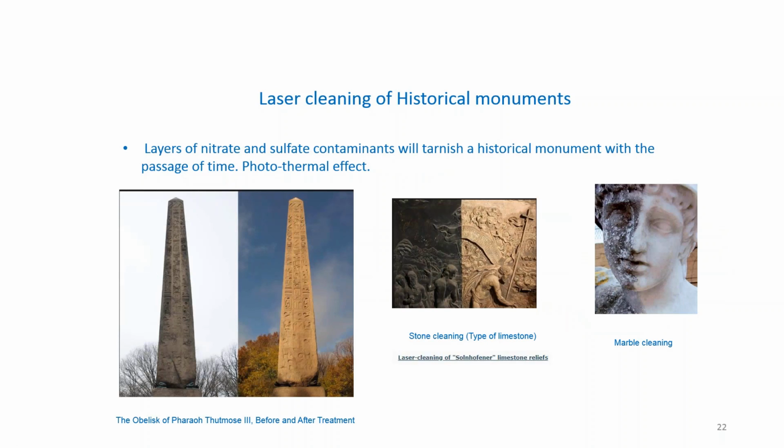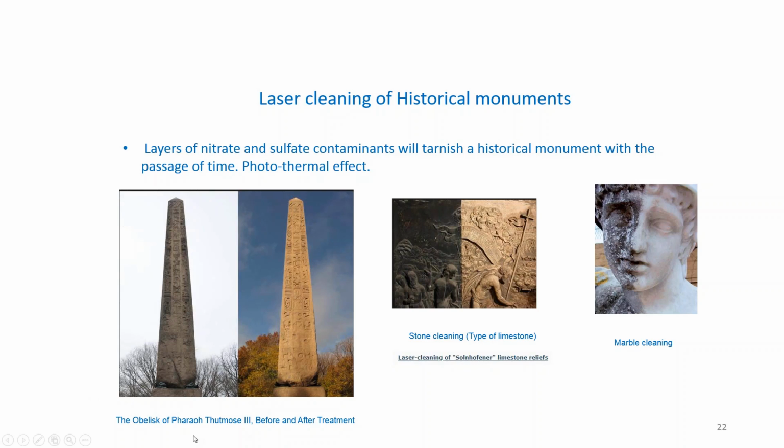So here, for example, you see laser cleaning of historical monuments. Historical monuments, over the years, collect layers of sulfate and nitrate, and they need to be cleaned. So neodymium YAG laser is a very good way of cleaning historical monuments, or fiber lasers. Basically, you just want to remove the nitrate and sulfate.